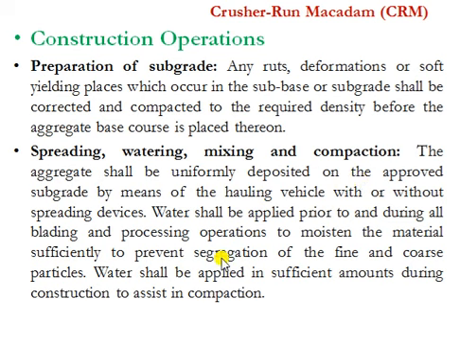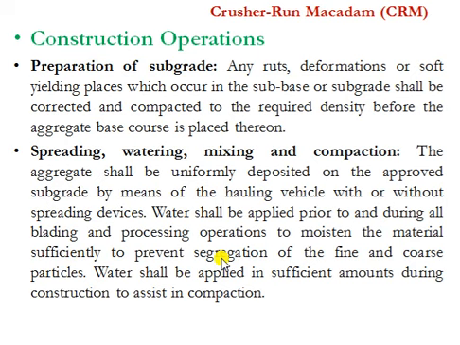The aggregates used in the construction should be uniformly deposited on the approved subgrade, and the deposition will be done using a vehicle, which may or may not have a spreading device. Here the water is applied prior to the spreading of aggregate.